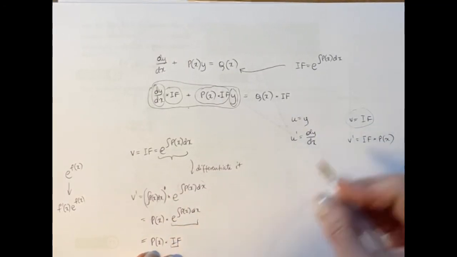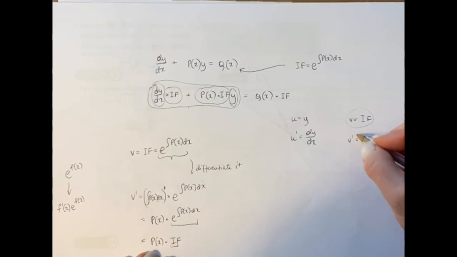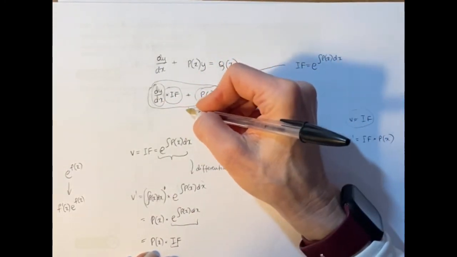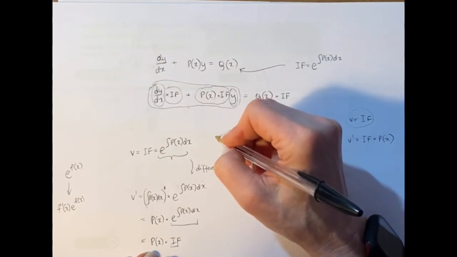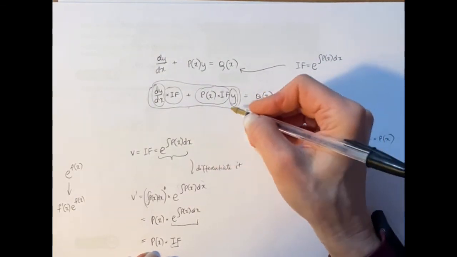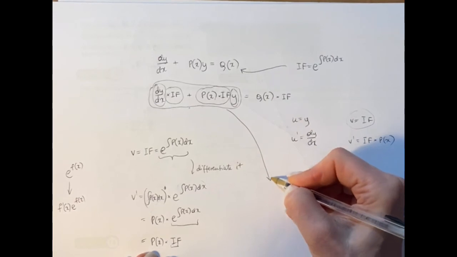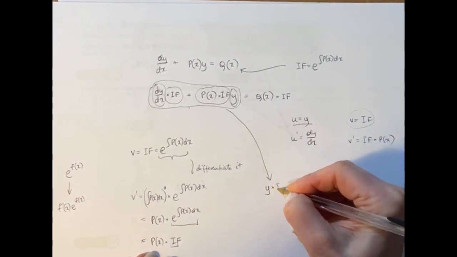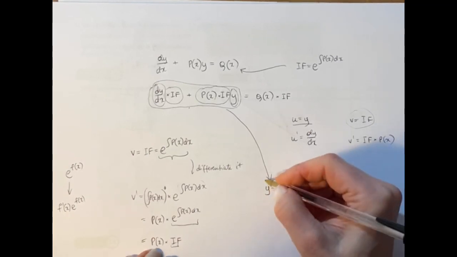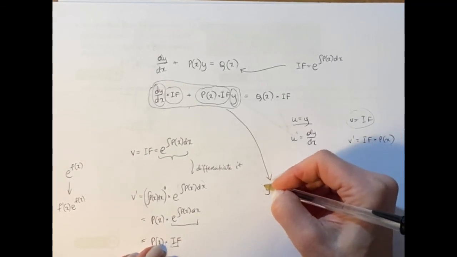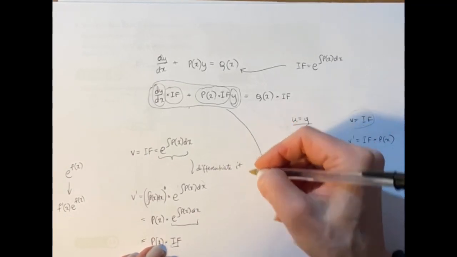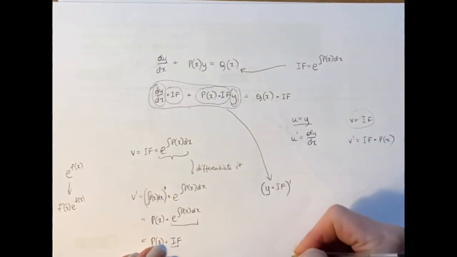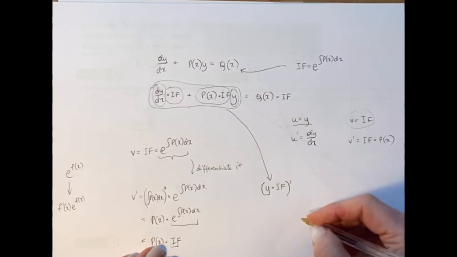There you go. So that proves that this method creates the differential of a product of the function u, which is y, and the integrating factor. So somebody must have differentiated this. So we are going to think of that as that was differentiated.